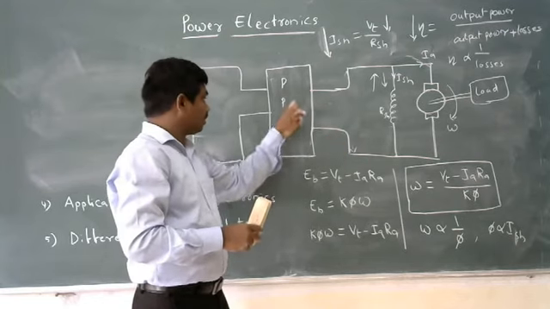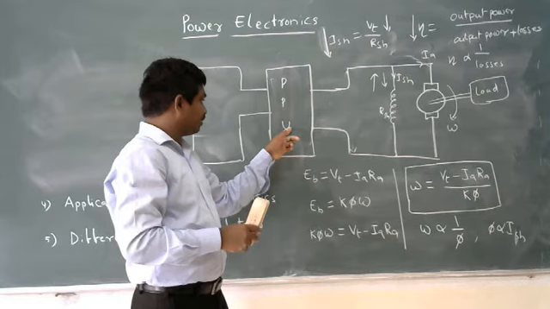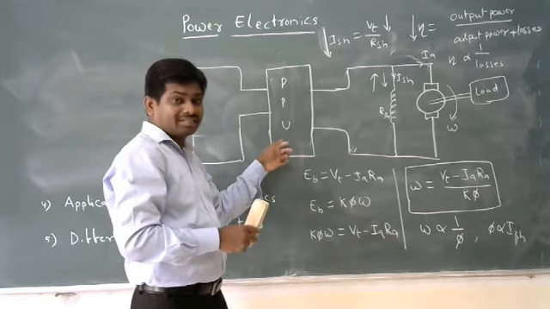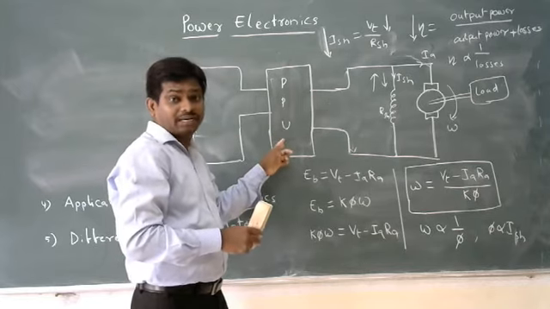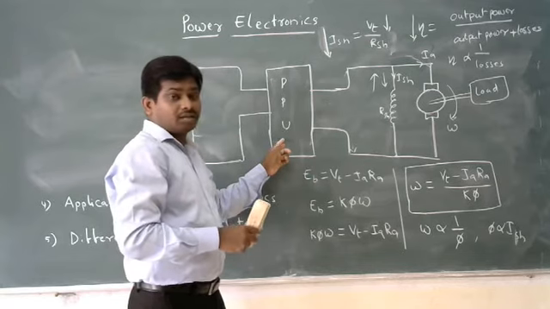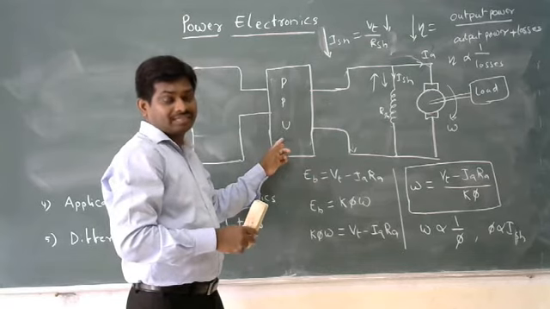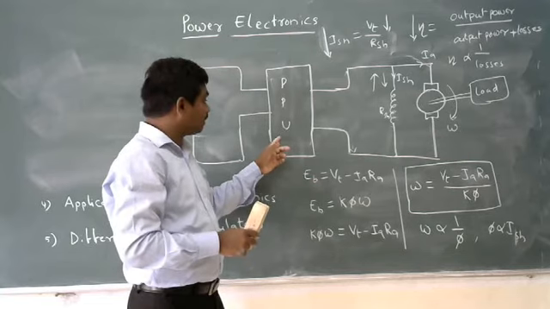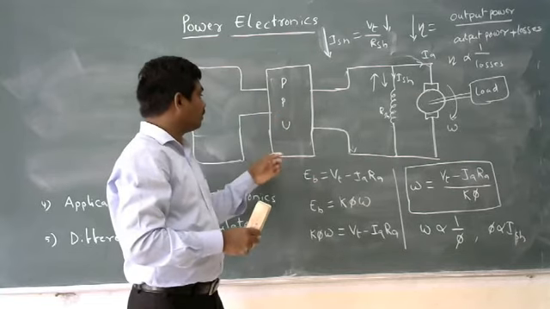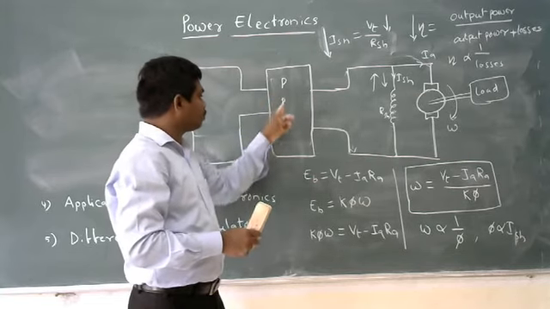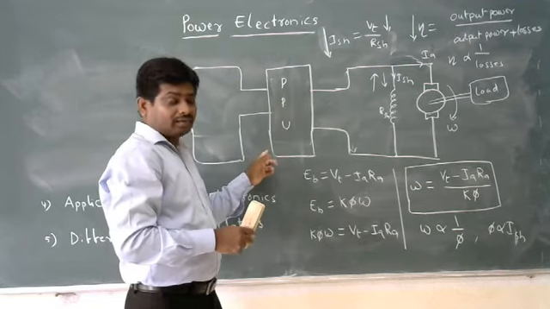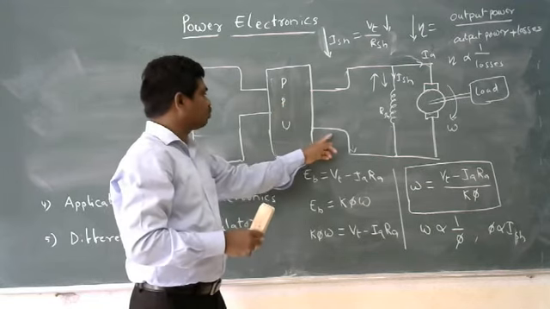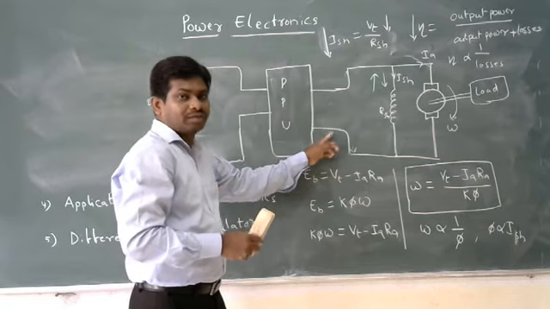This power processing unit consists of a power electronic configuration, meaning some power solid state devices are connected in different configurations to get the optimized values that the motor requires.